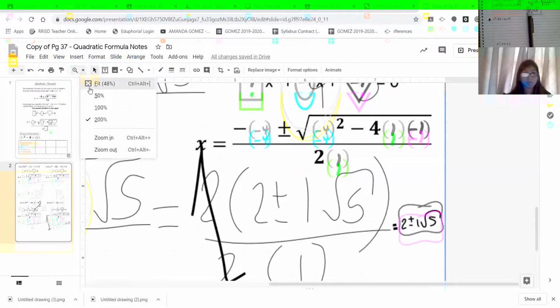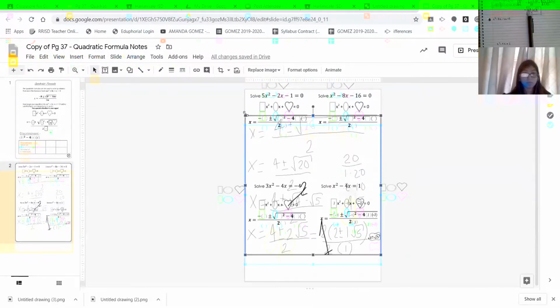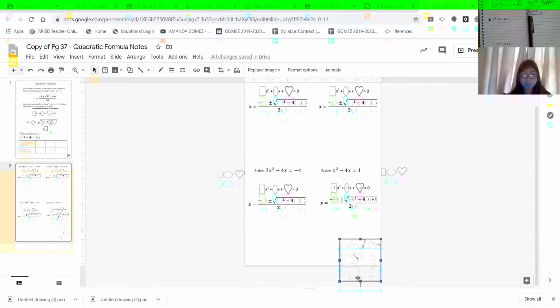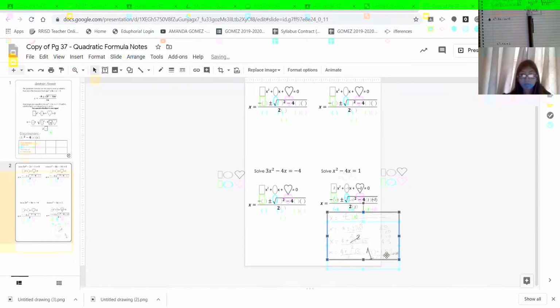And I know it looks really huge right now, so I'm going to scale it down, and then maybe flip it back to normal. There we go. And I can paste it on here.